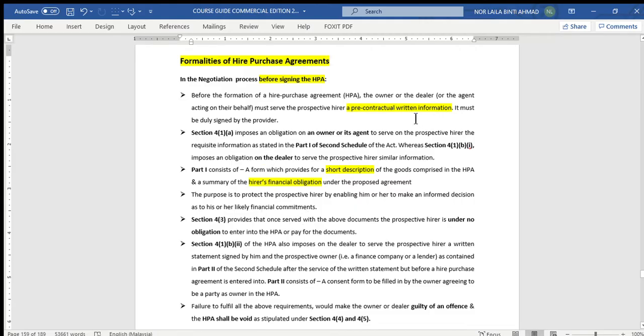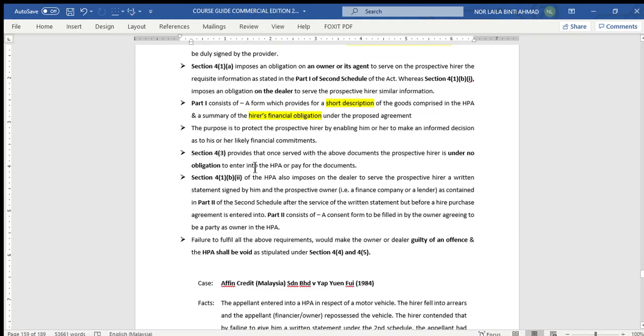The purpose of serving this document is to protect the prospective hirer by enabling him or her to make an informed decision as to his or her likely financial commitments. Before you decide whether to sign the contract or not, you may consider the monthly installment first.